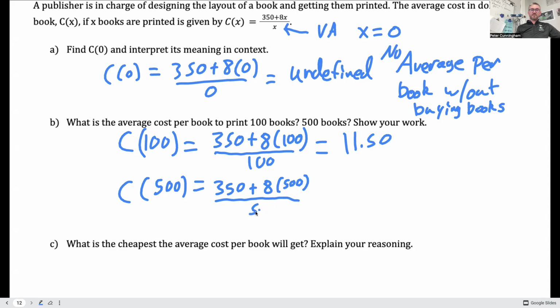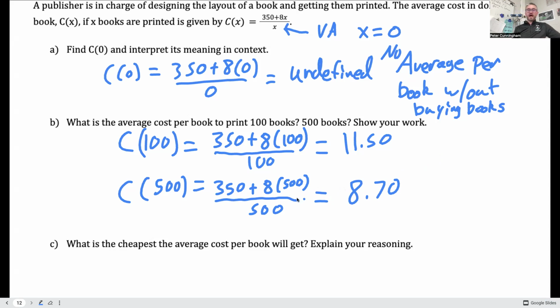And therefore, your average cost per book goes down, all the way down to $8.70. What a deal. So if you are trying to buy a book, you want to encourage more people to buy the book so that you can spread out that printing cost.